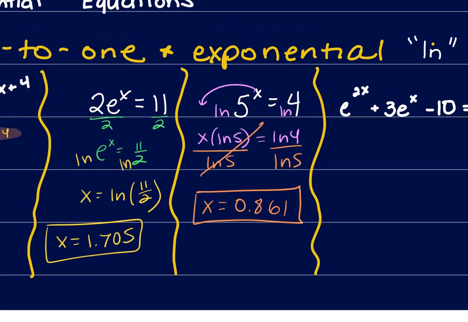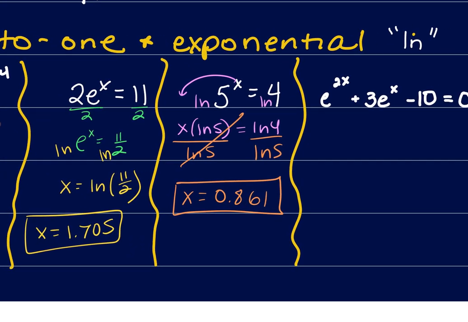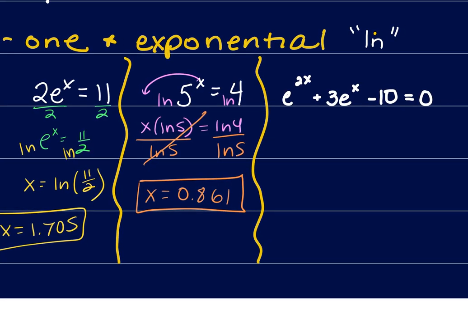Okay, then came the one that is like your factoring question, right? So I could choose to either substitute an a in for e to the x, then factor it and plug the e to the x back in. Or if you know what you're doing with these, you can simply set up your 2 sets of parentheses. Instead of an x in that first spot, it's going to be e to the x, because e to the x times e to the x gives you e to the 2x.